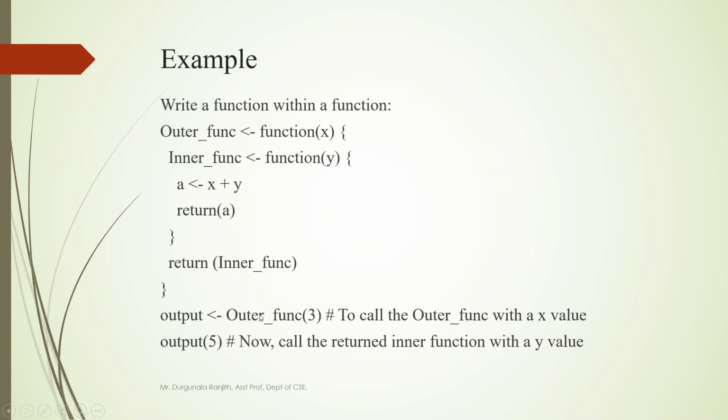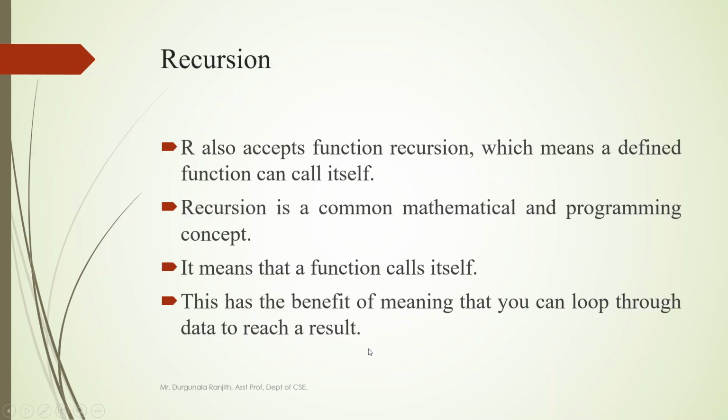So you just observe, here it is calling the outer function with an x value, and now calling the returned inner function with a y value. So this particular statement is representing that it is calling the returned inner function with a y value. So this is another example to represent the nested function.